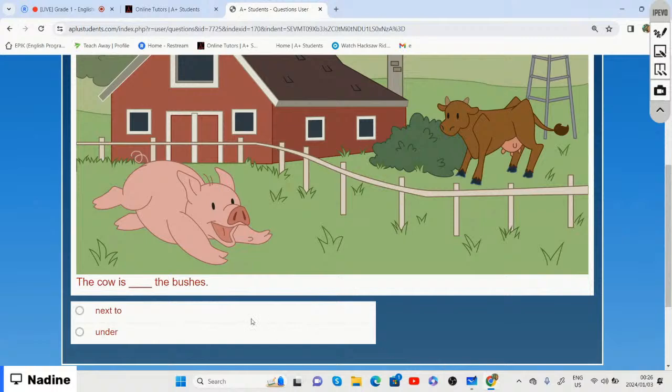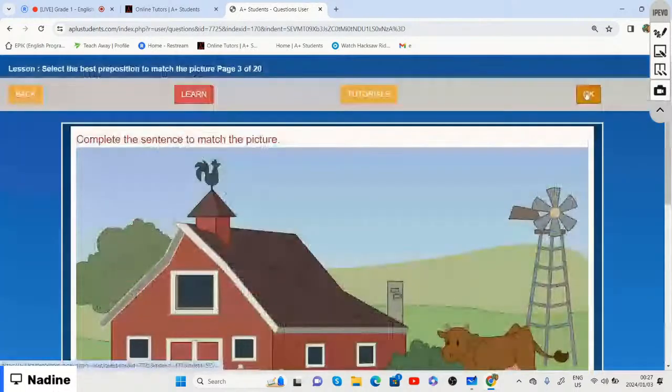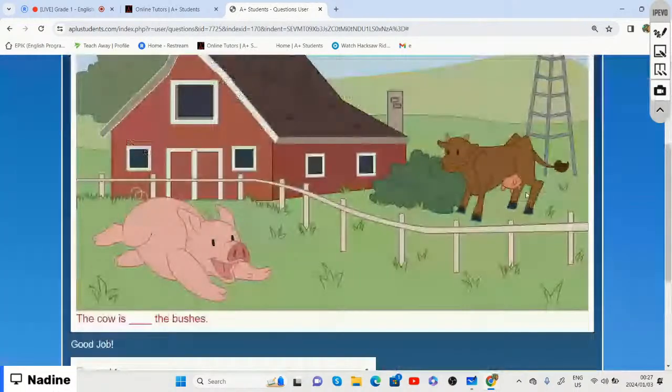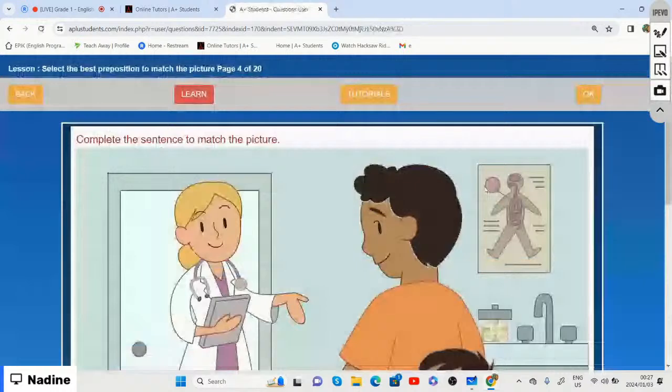So do we say the cow is next to the bushes or under the bushes? And if we basically want to say where the cow is, we can say the cow is next to the bushes because there we have the bush and here we have the cow next to the bush. So next to is correct.